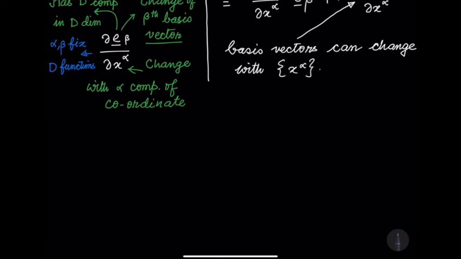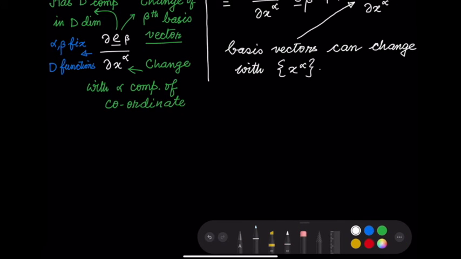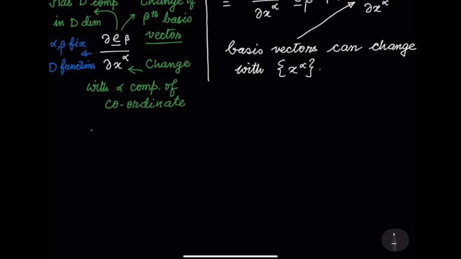So this quantity we will write in the following way. We'll write del E beta del x alpha as, let me write it down and then we'll explain what it means.